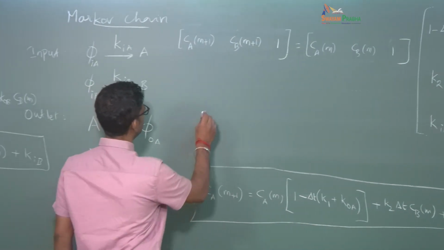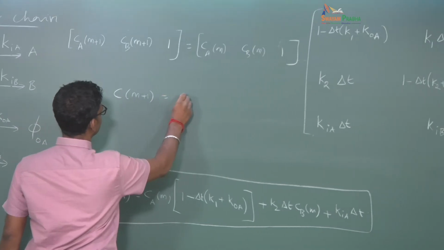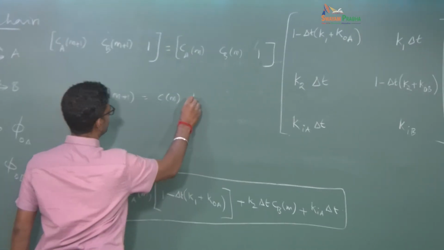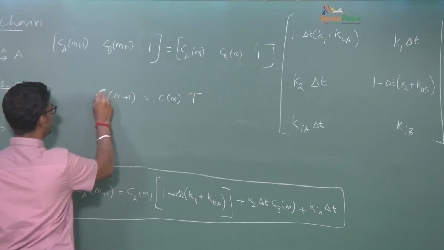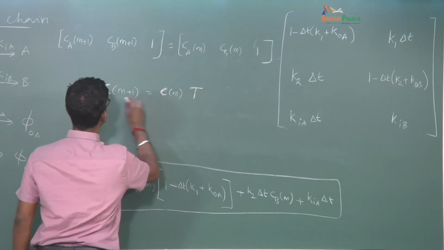So therefore you can write C at m plus 1 is equal to the matrix times C at m. Now I am writing in matrix form here. This is a vector and this is a vector.